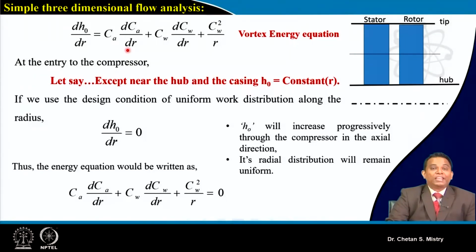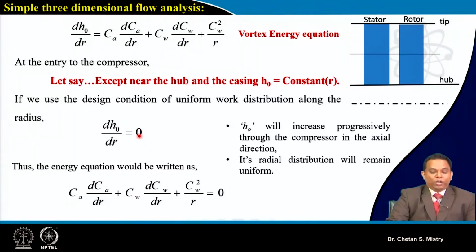Now at the entry of my compressor, if we are considering near the hub and near the casing, along that radius let's assume the total enthalpy to be constant. So if that is your case, for uniform work distribution, you can straightaway write dH0 by dr equal to 0.